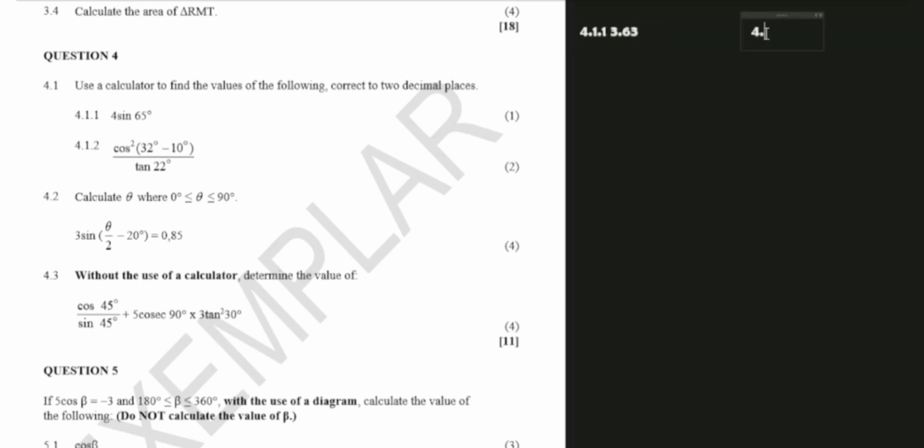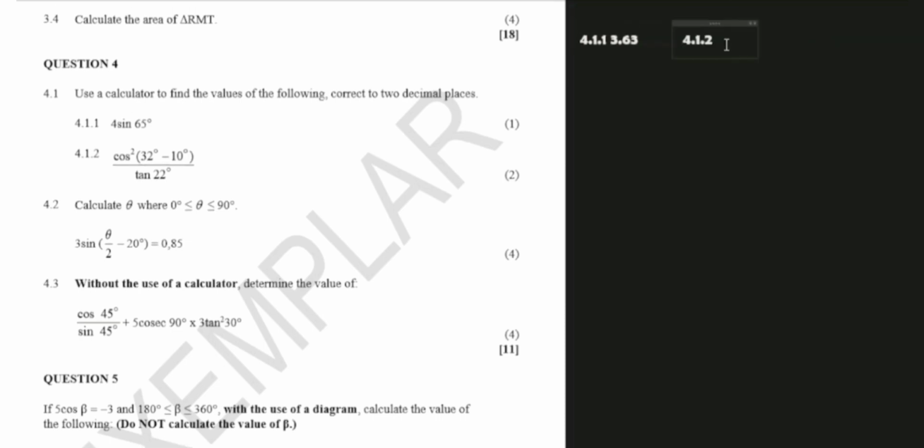And then for 4.1.2, you're going to say cos 32 minus 10, it is 22. Divide by 10, 22. So type this into a calculator.